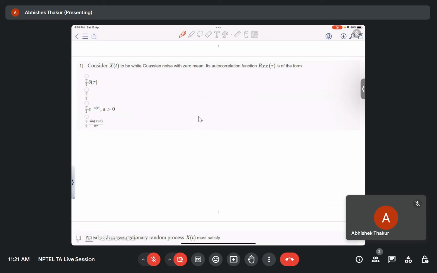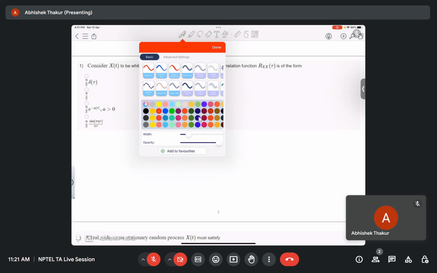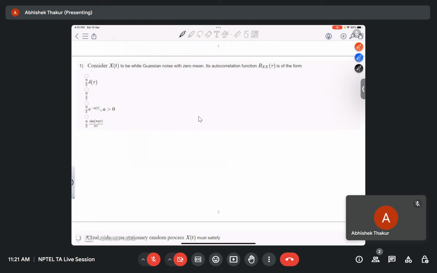The first question is, consider X(t) to be a white Gaussian noise with zero mean. Its correlation function Rxx(tau) is of the form... So X(t) is a white Gaussian noise with zero mean, so the correlation function will be eta by 2 delta(tau).